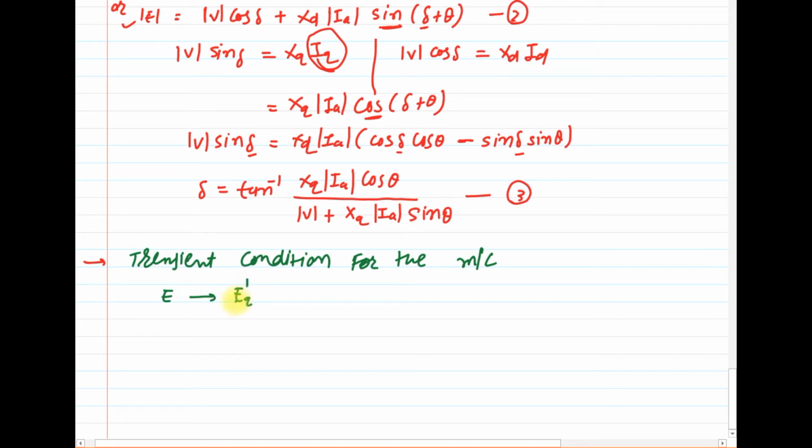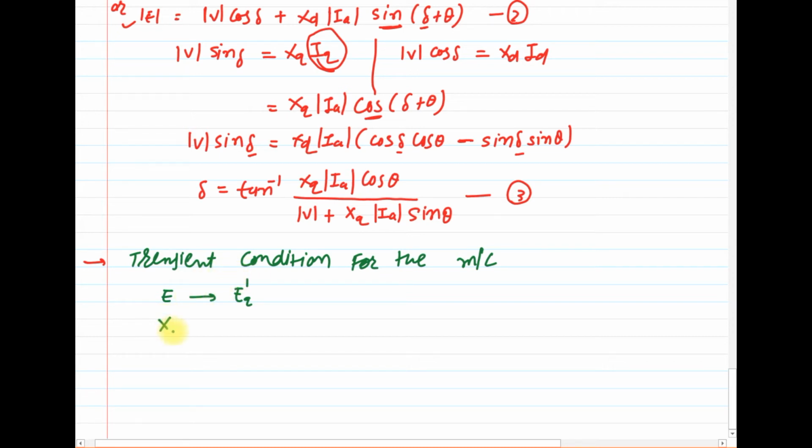Here we have considered EQ dash; you can consider E dash also. Clear? E shows the steady state operating condition, and EQ dash will show the generated EMF under the transient condition of the machine.